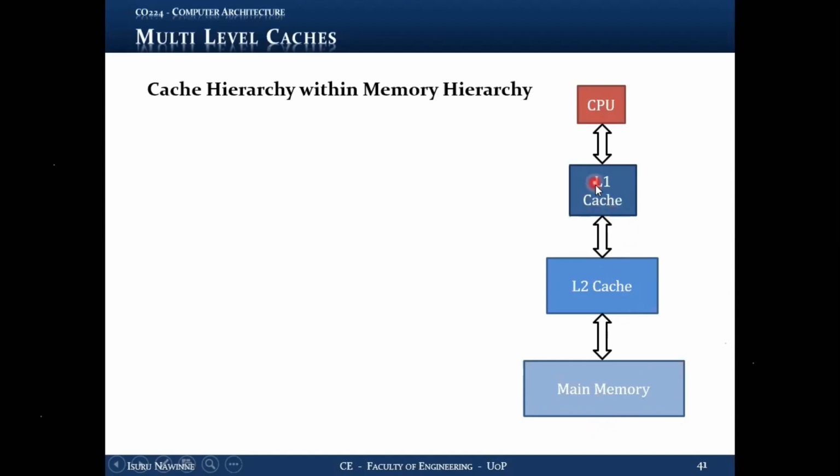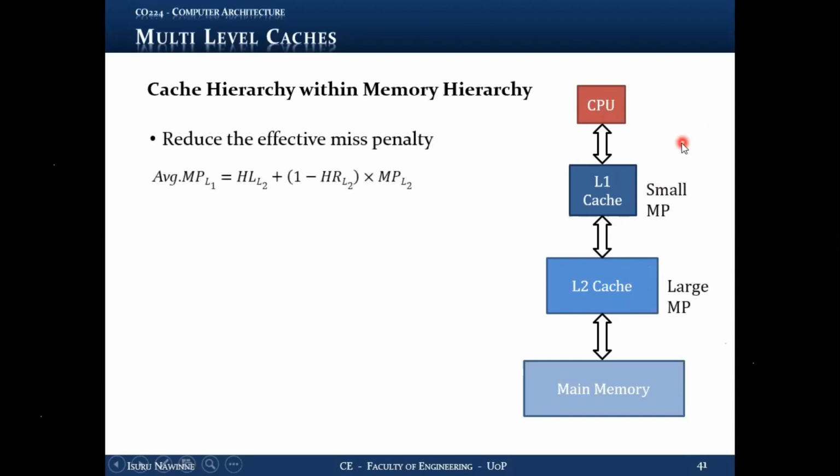So the lower level cache can have a reduced miss penalty. It doesn't need to be on a separate chip. It can be on the same chip as the CPU and level 1 cache. But you might use a different technology, and it can be an off-chip cache, level 2 off-chip as well, right? So that is the idea you can use to reduce the effective miss penalty.